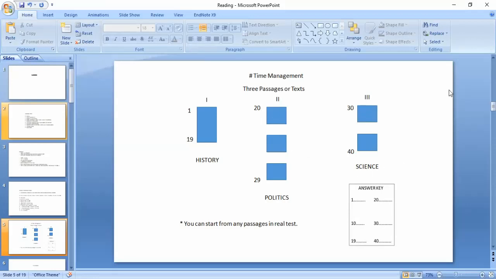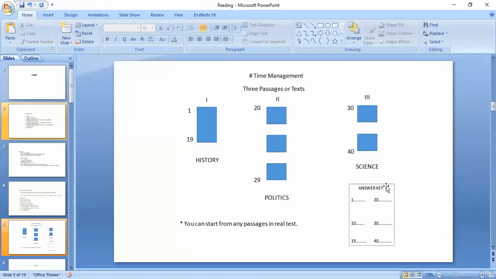You have to write in number 20 blanks. For 29, you have to write in number 29 blanks. Even though I started with the politics questions first, it doesn't mean that in the answer sheet, it's the answer sheet, not the answer key, you have to write in number 1. You have to write in number 20.